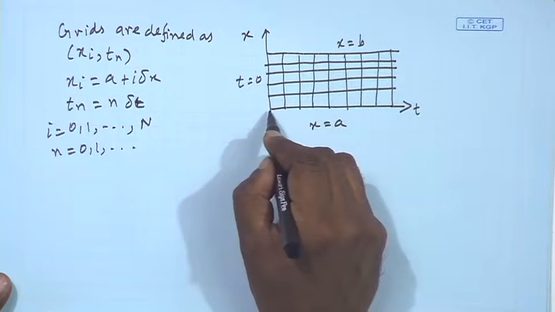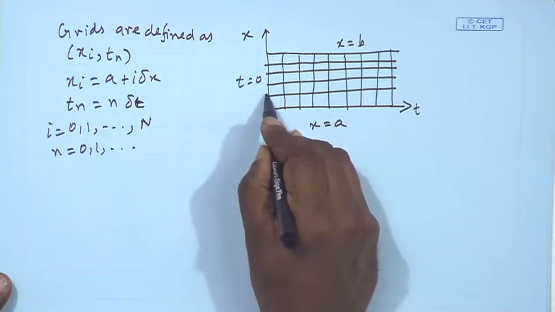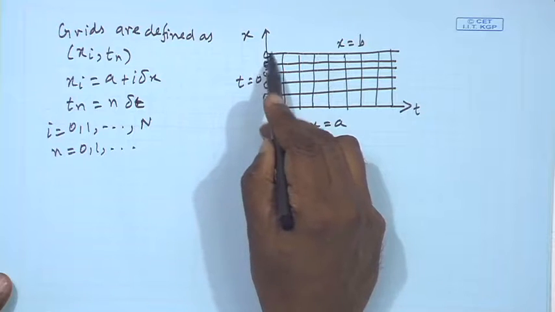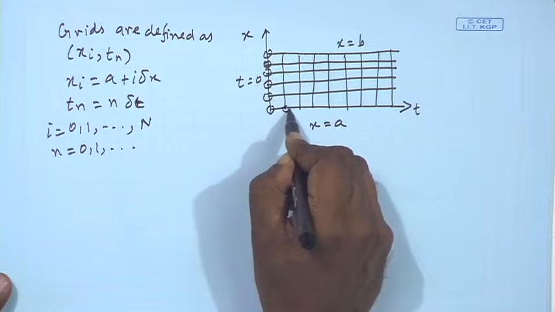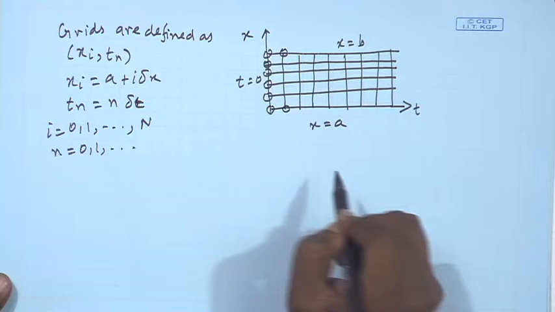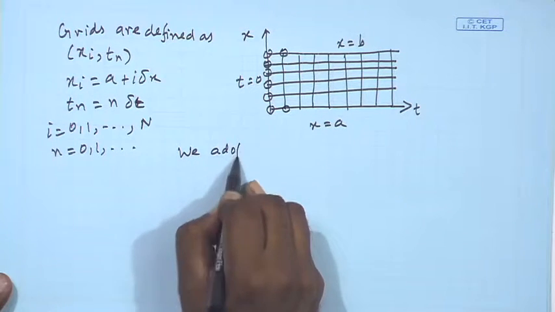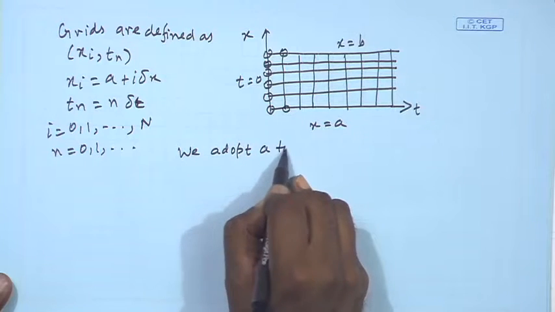Now what conditions have we been given? If I circle, these are the conditions given. This is the initial condition, and at any time this is the boundary condition. Now we adopt a time marching procedure.